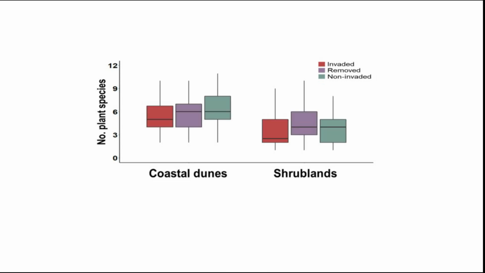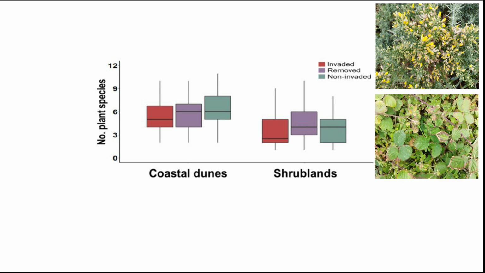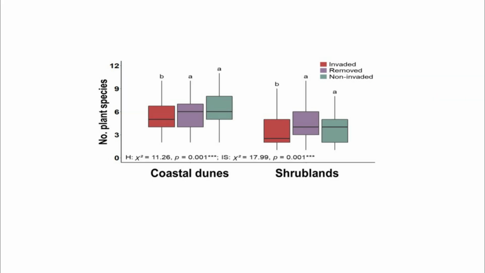In this case, the number is greater in dunes than in shrublands. This is because shrub species, such as Ulex europaeus, Rubus ulmifolius, or Senecio cinerea, predominate in the shrublands and take up a lot of space. Moreover, there are significant differences between the invaded plot and the non-invaded and removed plots, which are more similar.